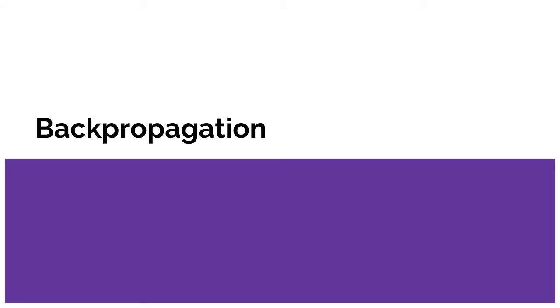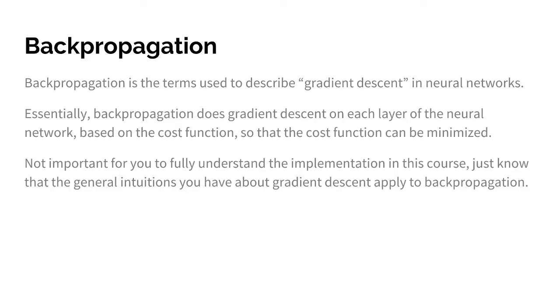Okay, so finally, let's talk about backpropagation. Backpropagation is the term used to describe gradient descent in neural networks, is the simple way to explain it. Essentially, backpropagation does gradient descent on each layer of the neural network based on the cost function so that the cost function can be minimized.